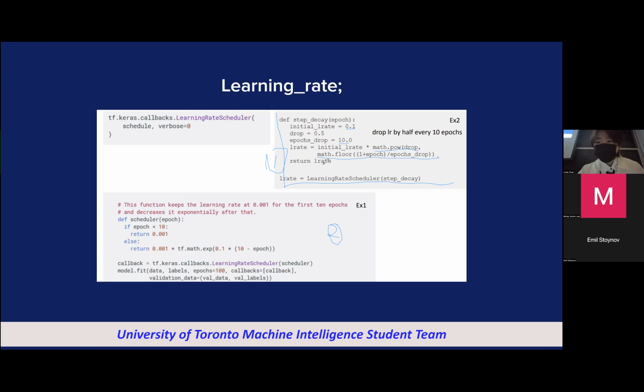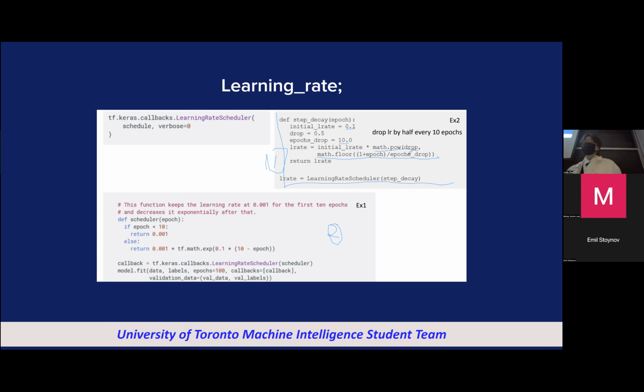So in this case, for example, you have 1 plus epoch, because you start from 0. At your 0 epoch, you're looking at your data the first time. That's why they add 1, because although your epoch number is 0, you've already looked at your data once. So they increment by 1. For example, if you're at epoch 6, now you have 7, and 7 divided by epoch drop.